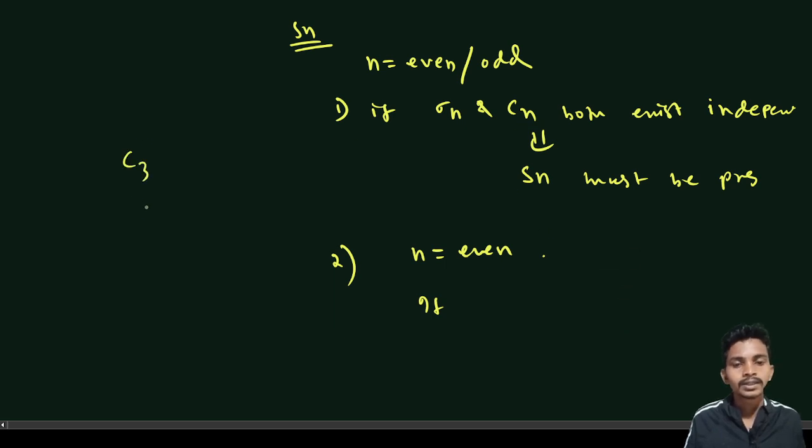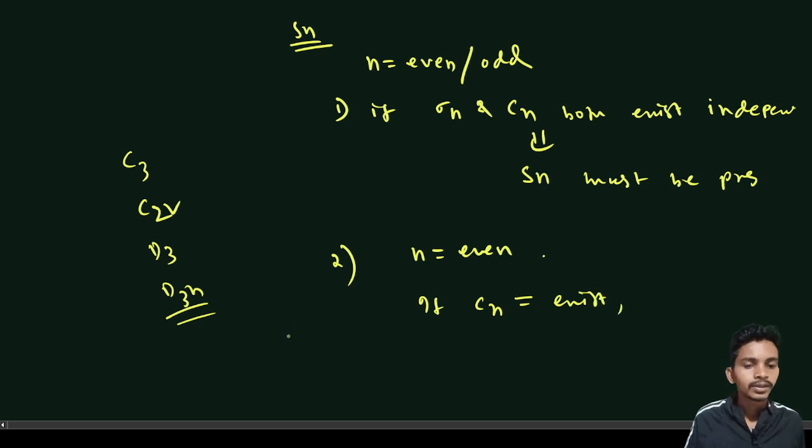Whatever the point group is, C3x, C2b, D3, D3x, C3 is always present. So if Cn always exists, it is always there. So now the condition is sigma h.